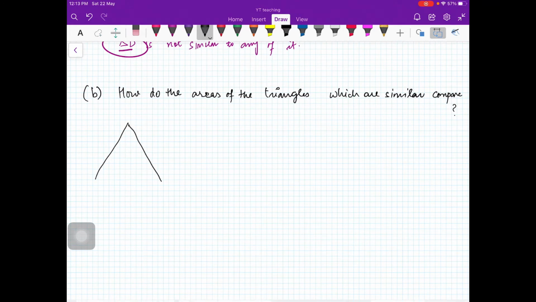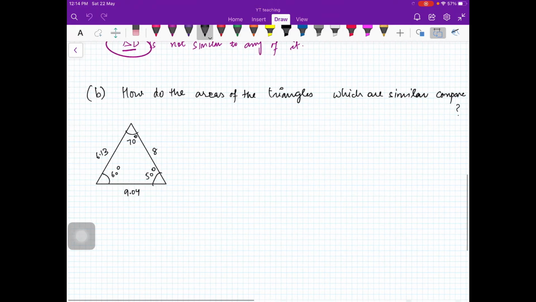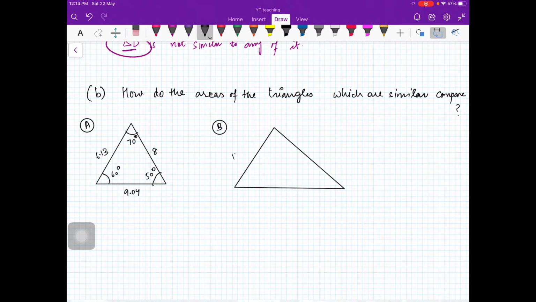Let me draw again. So you have triangle A here. The angles are 70 degree, 60 degree and 50 degree. And the sides were 6.13, 9.04 and 8 centimeter. Then you have triangle B here: the sides are 12.26, 16 centimeter and 18.08, and again the angles are 70 degree, 60 degree and 50 degree.